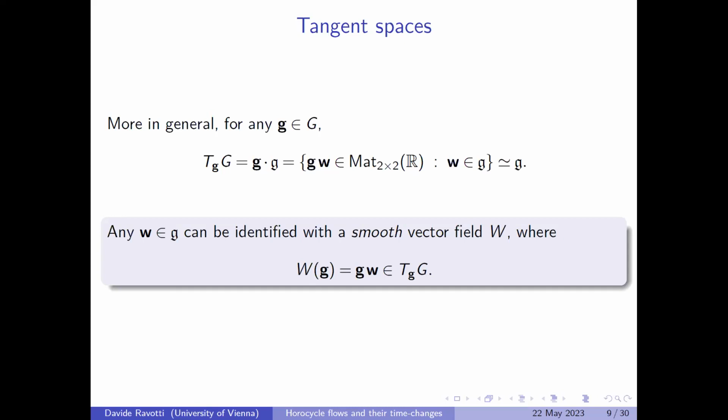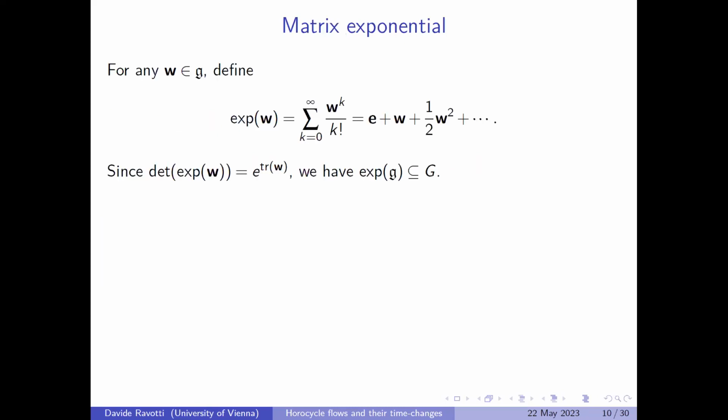So you can try to integrate. If you have a smooth vector field, you can try to find the flow whose generator is this vector field. This is what we are trying to do now. For this, I have to recall the matrix exponential that you might have seen in some calculus class before. It's defined as usual as the infinite series.